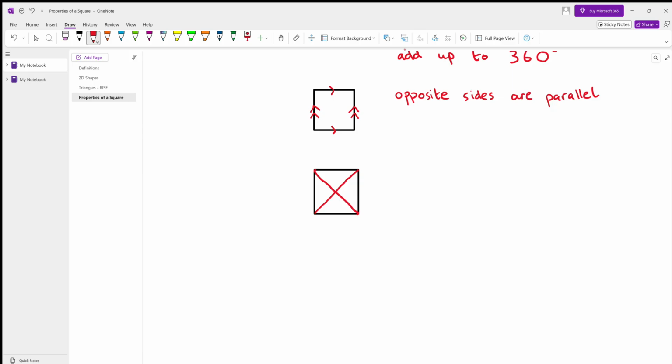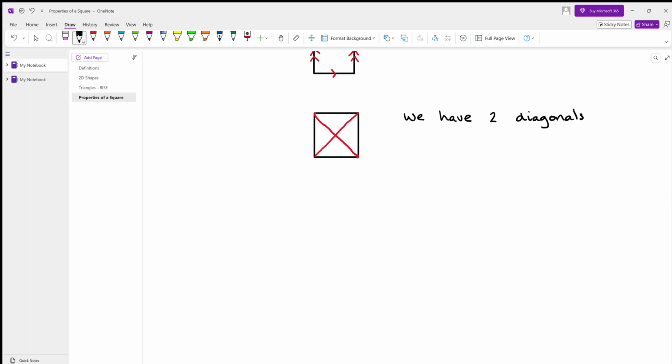Right, okay, the two lines that I've drawn, from non-adjacent vertices, and non-adjacent means that they're not next to each other, these two lines, this one and this one, are called diagonals. We have two diagonals.